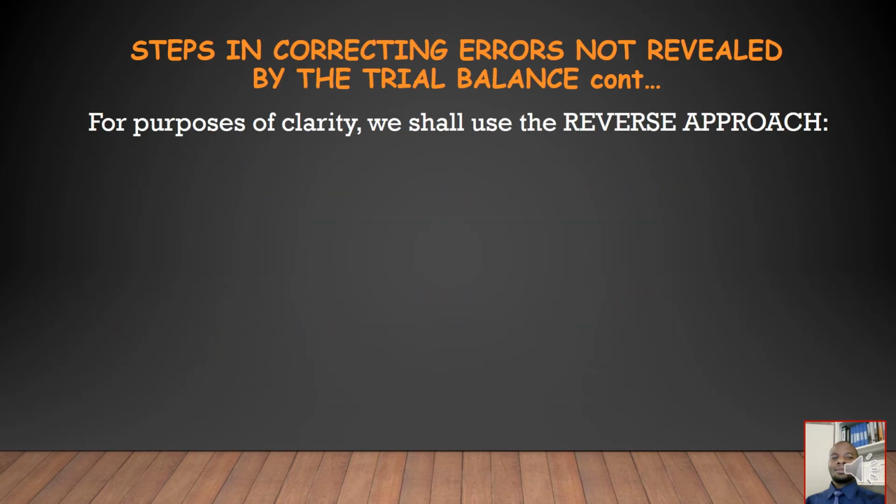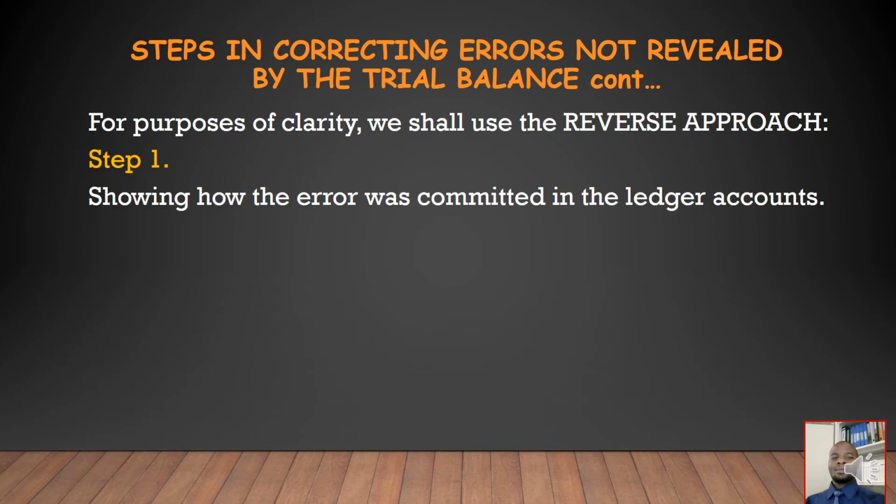Now, for purposes of this presentation and for purposes of clarity, I want us to do things in reverse. So how are we going to do it? Step one for us will be showing how the error was committed in the ledger accounts. You need to understand how the error was committed. If you understand how the error was committed, then you'll be able to know how to correct the error.